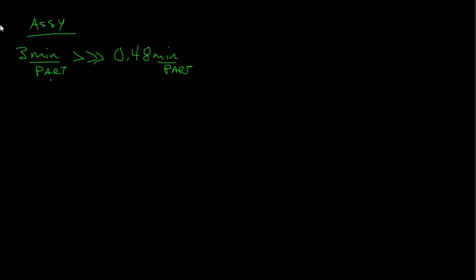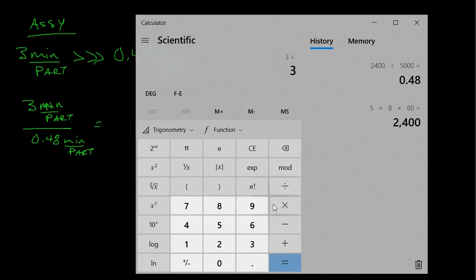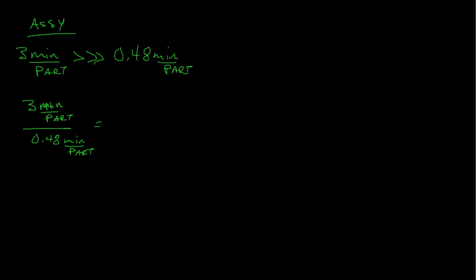I divide my current throughput rate by my takt time. So it's 3 minutes per part over 0.48 minutes per part. 3 divided by 0.48, I get 6.25 stations.